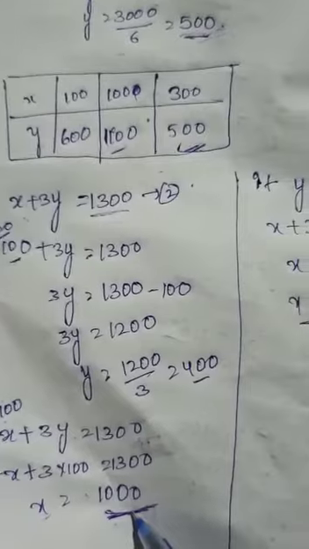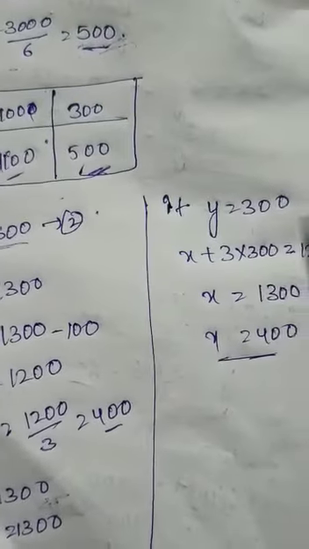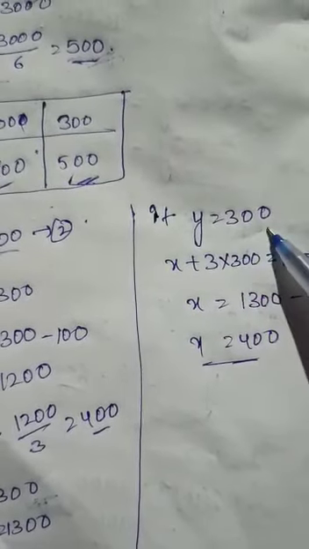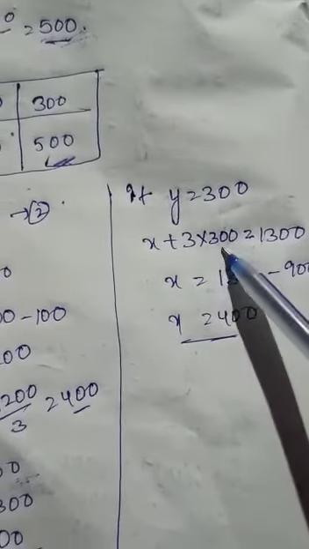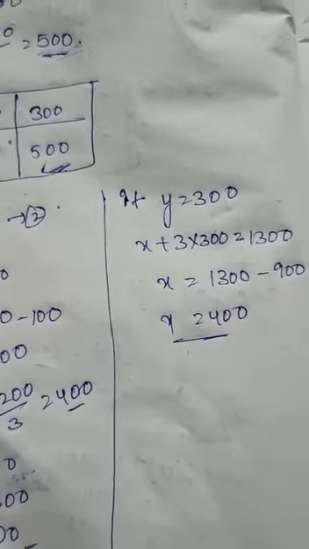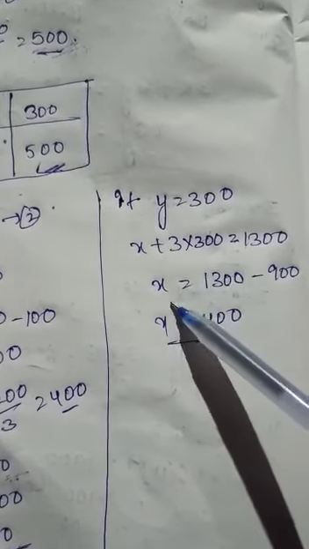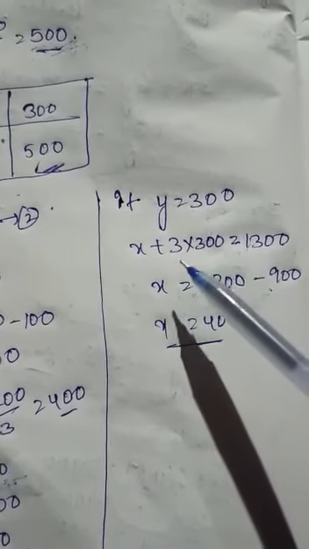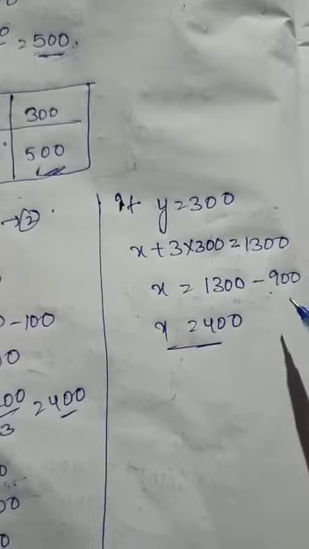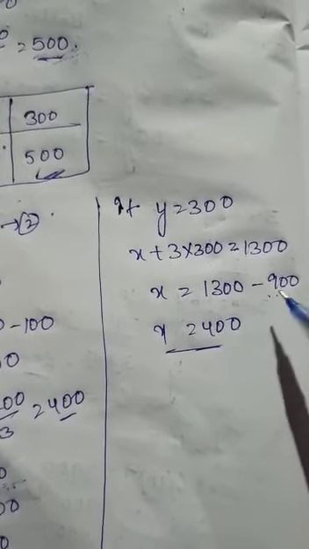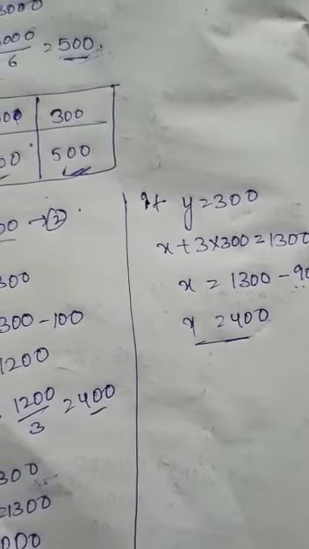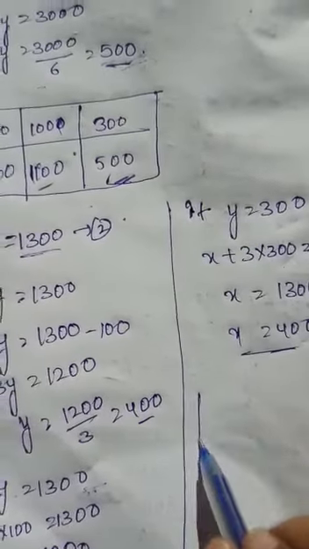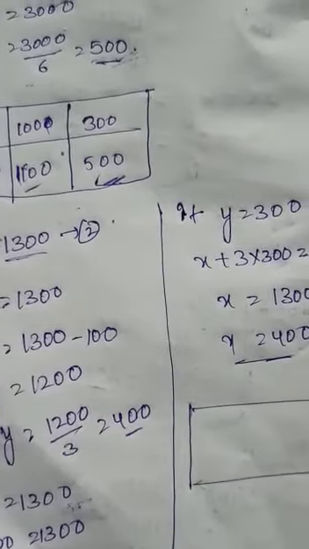In the same way, if I take y equal to 300, x plus 3 into 300, 3 nines are 900. X equal to 1300 minus 900, which is equal to 400. We get 3 points.